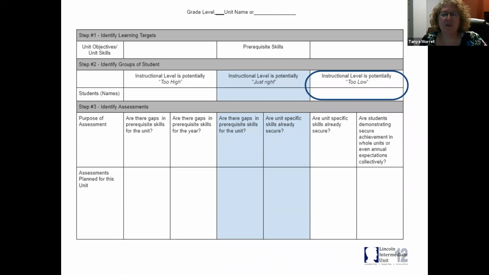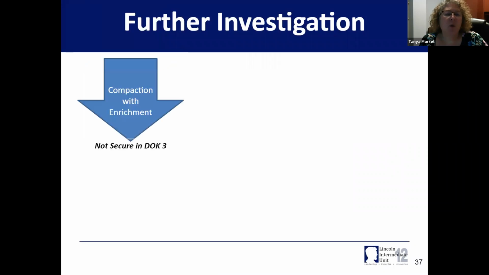So this is the group of students we're talking about now, for whom potentially the instructional level is too low. And what is it we want to know? We might have students who know a lot of the lower level skills for a unit, but they can't apply that information. So these are our kiddos who are highly fluent, highly accurate in literacy or math, but they're not ramping up that level of rigor.